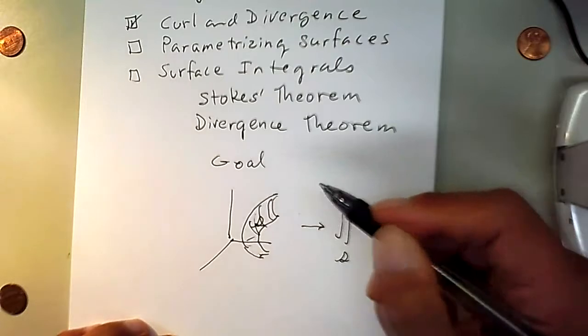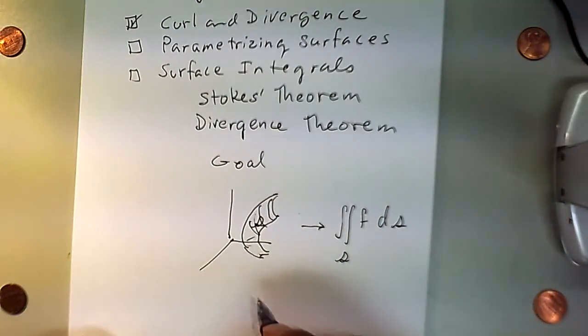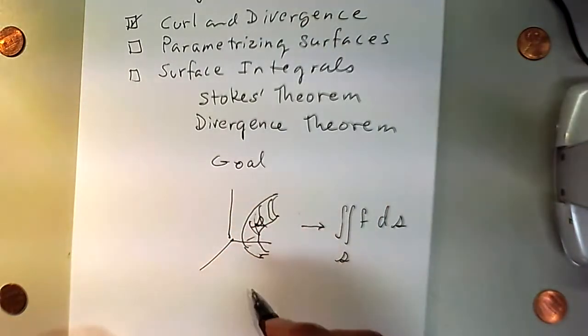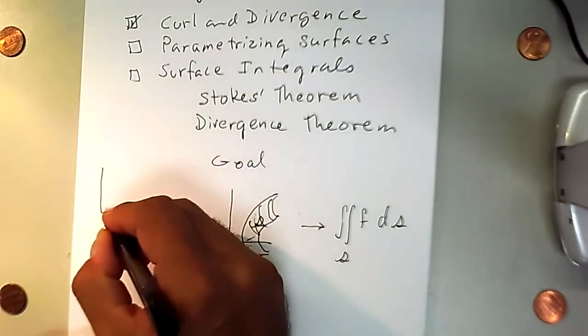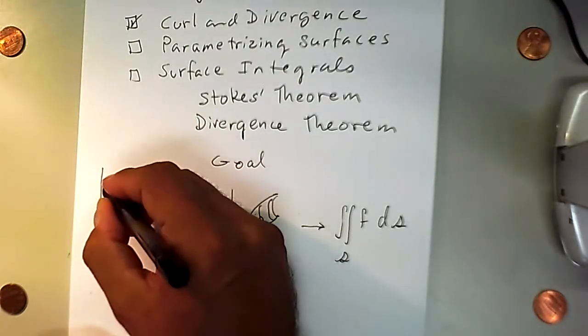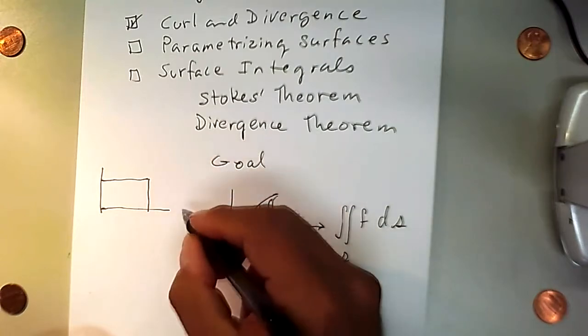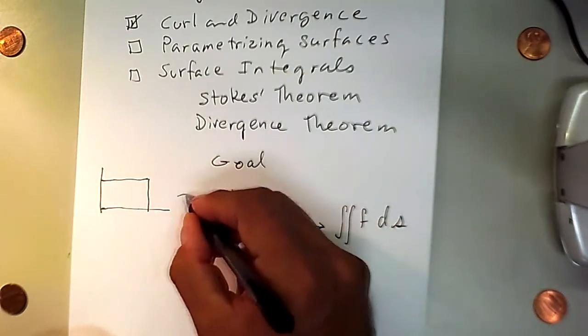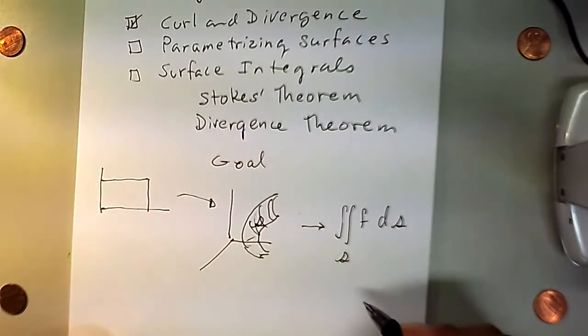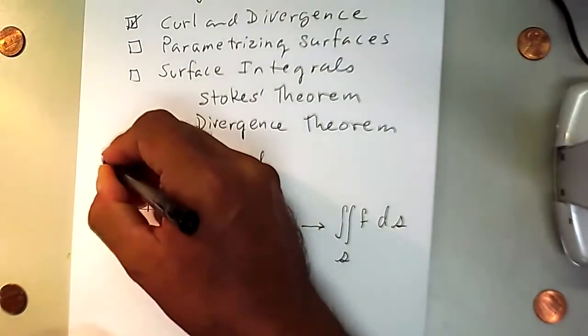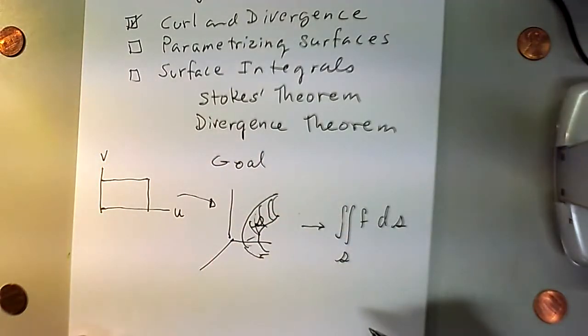So the way we attempt to solve this problem is to come up with a transformation where we can take a rectangle and map it into this three-dimensional surface. This rectangle is going to live somewhere else, u, v, instead of x and y, to differentiate.